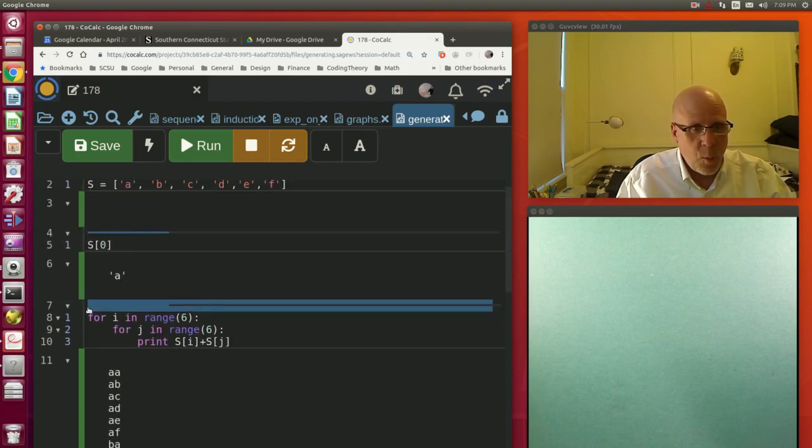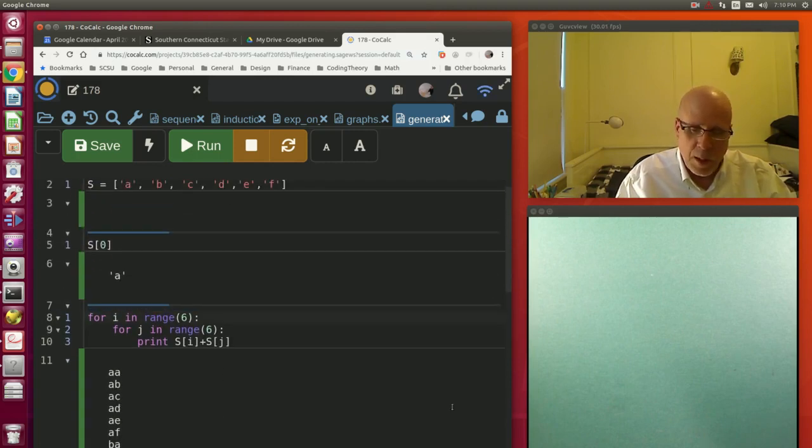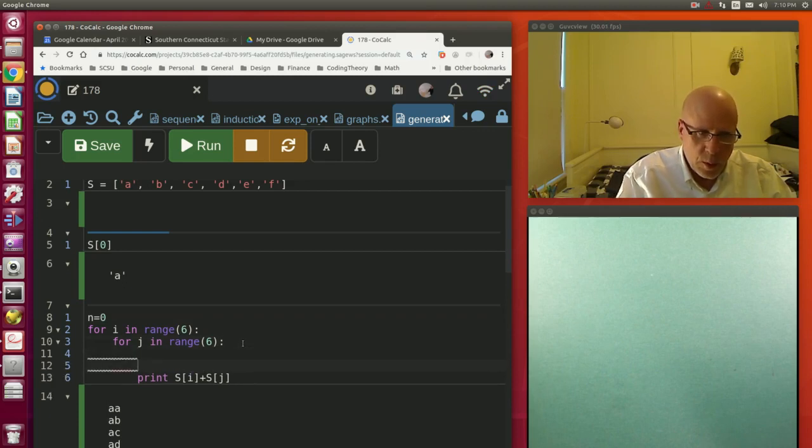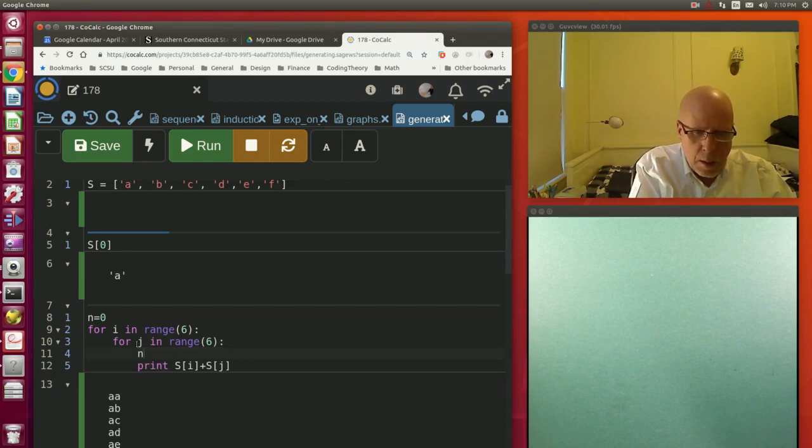Now, if I wanted to generate them, I've got the right idea here, but what it actually wanted us to do was just count them. So I'm going to set up a counter variable outside the loop, call it n, starting at 0. And inside the loop, we will increment it. Accidentally hit enter twice. n plus equals 1.